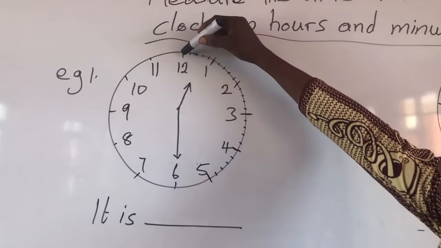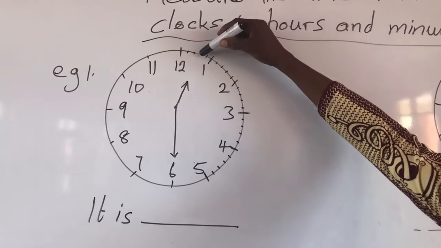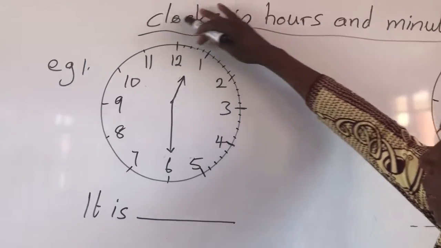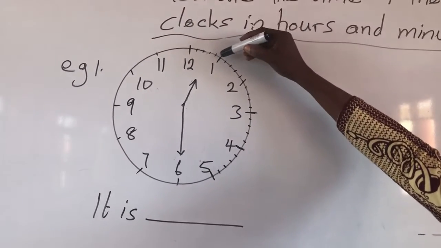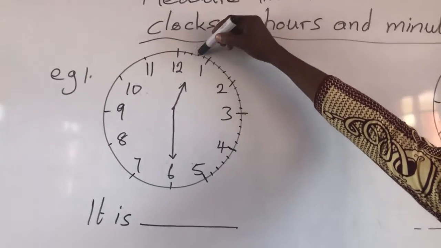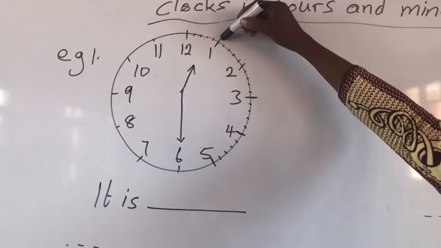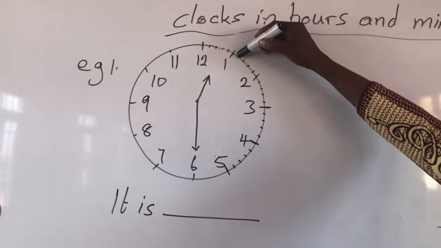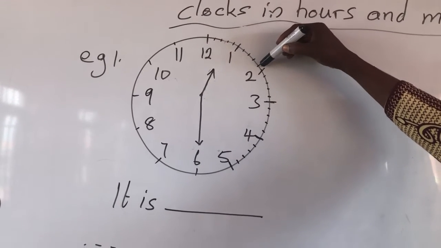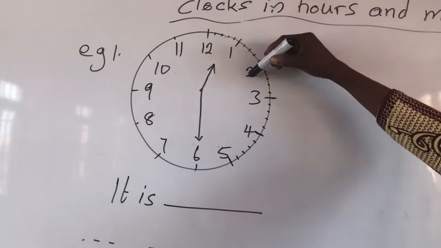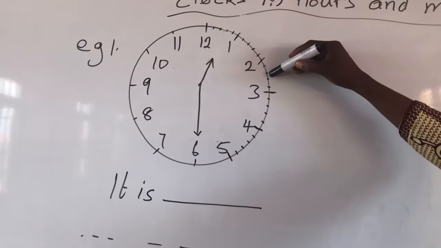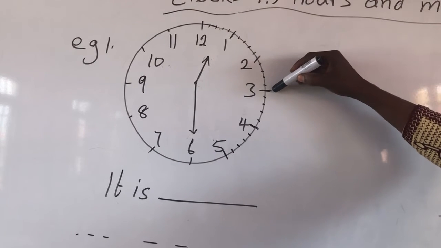So the distance between 12 and 1 is 5. So it is measured in minutes. So it's 5 minutes. Then you come to 6, 7, 8, 9, 10, which is on 2. 11, 12, 13, 14, 15.